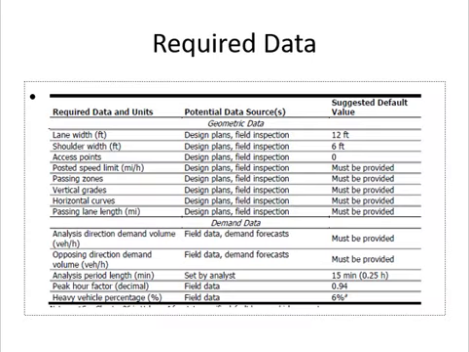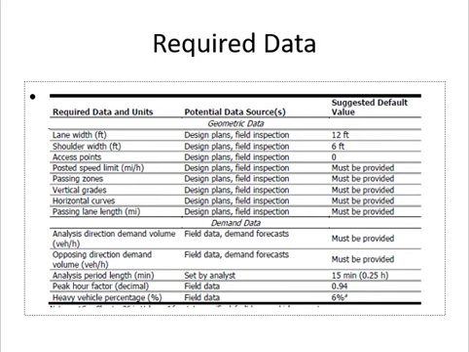If you want to find out the level of service for bicycles on a 2-lane highway, you need to know the lane width, the shoulder width, how many access points you have, the speed limit, is there a passing zone or not, is there a vertical gradient or not, is there a horizontal curve or not, is there a passing lane or not.